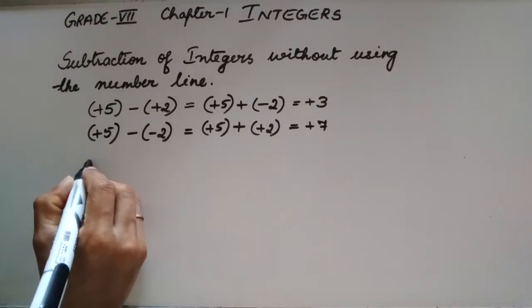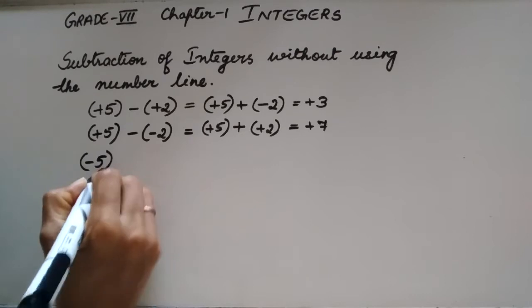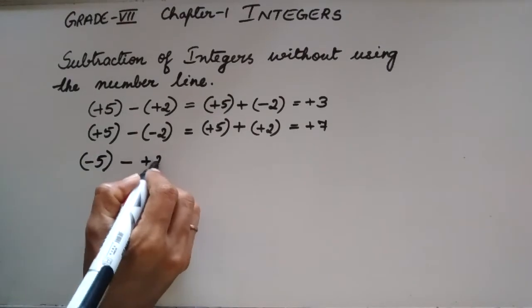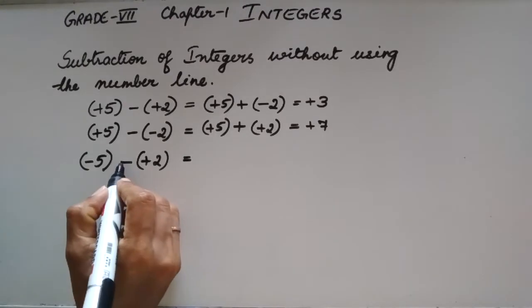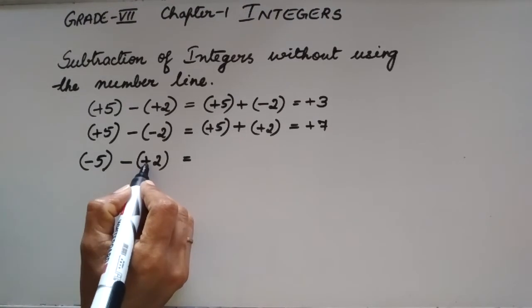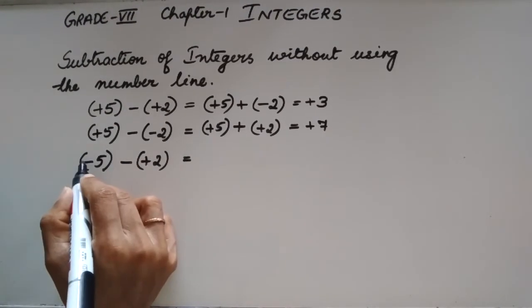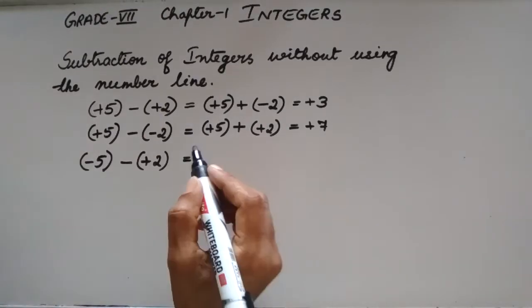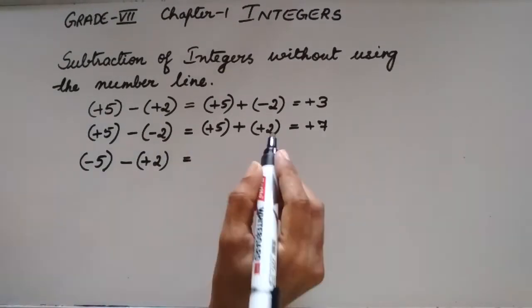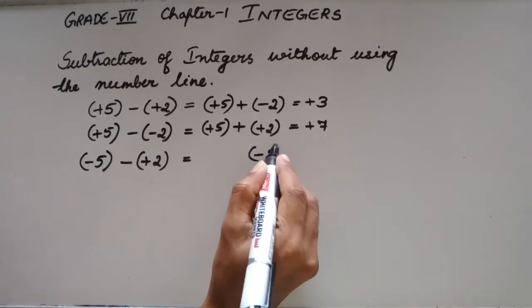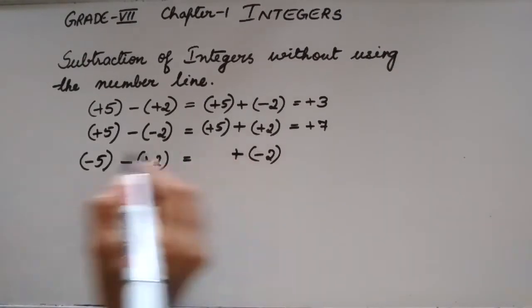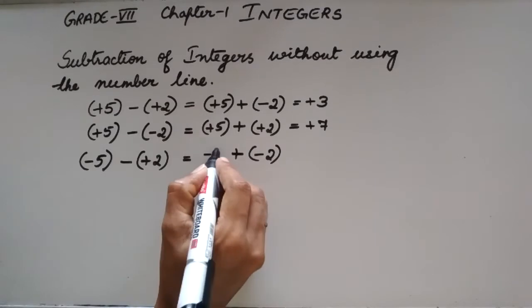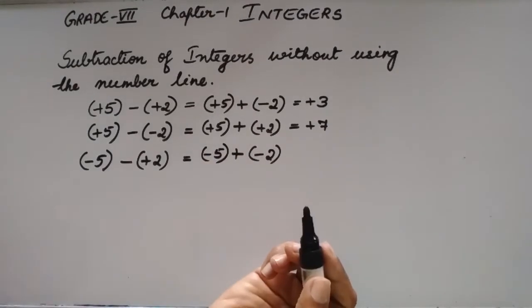Next we have minus 5 minus plus 2. So here I am subtracting the positive integer from the negative integer. So what is the additive inverse of plus 2? Again it is minus 2. So I am adding this to minus 5.